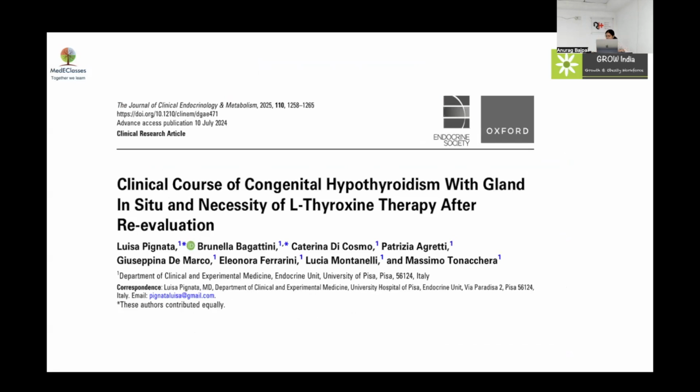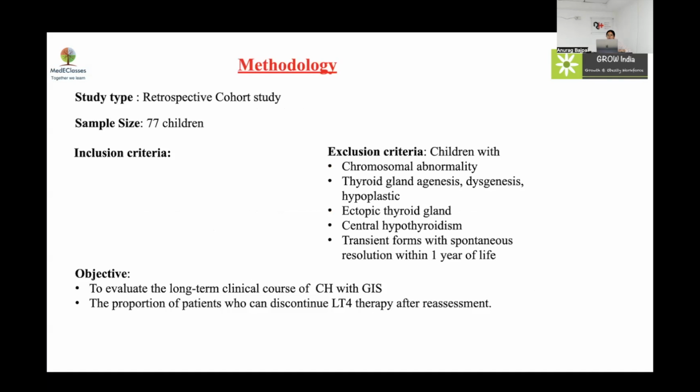I will review the study published in JCM in 2025 by Lusa Pignata et al. on clinical course of congenital hypothyroidism with gland in situ and necessity of L-thyroxine therapy after re-evaluation. It was a retrospective cohort study which included 77 children born between 1987 and 2018 with gland diagnosed as congenital hypothyroidism with gland in situ.